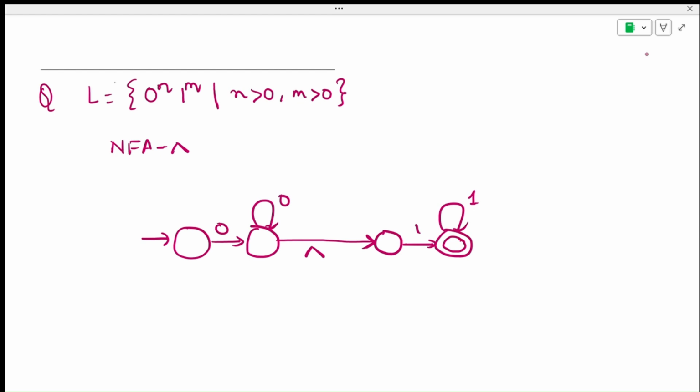This is 0 followed by any number of zeros, and 1 followed by any number of ones. Just join these two diagrams with a null transition. So that makes the designing phase very simple.